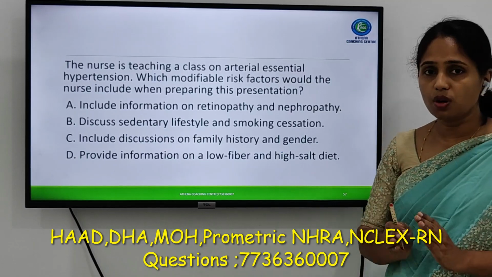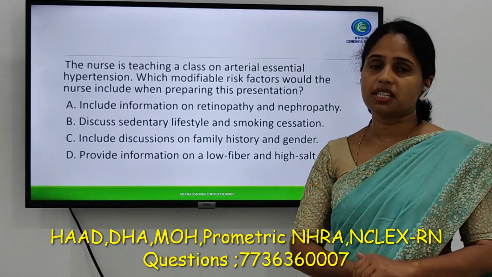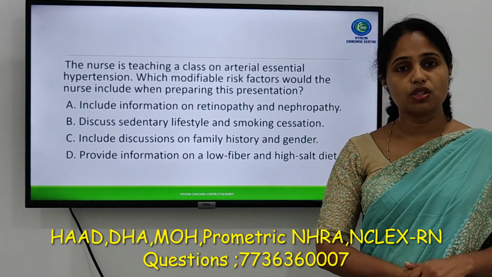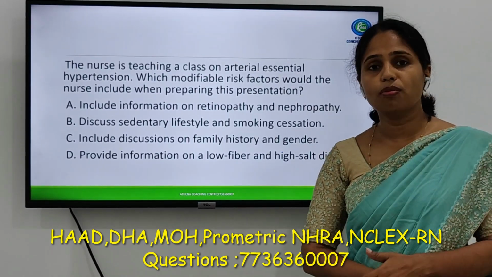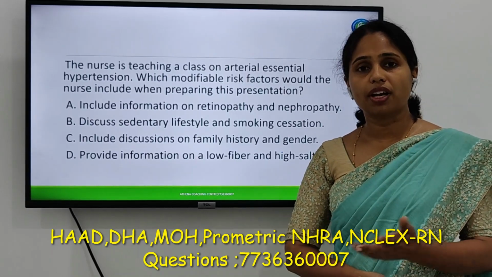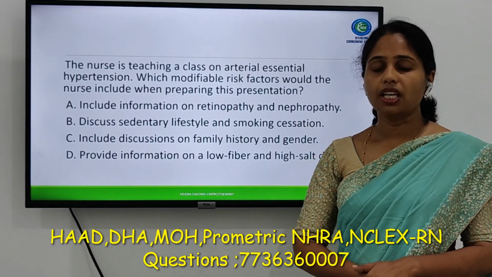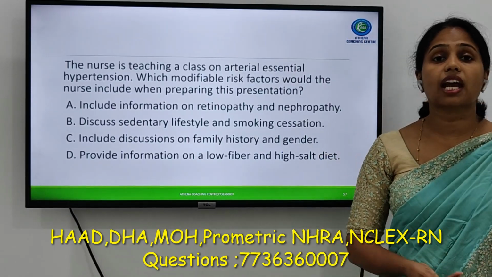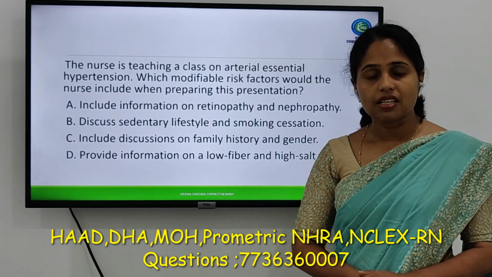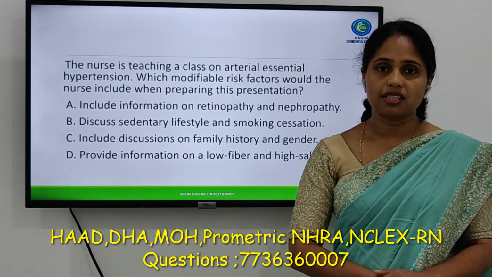Okay, so you should know what are the modifiable risk factors. Risk factors for hypertension can be divided into modifiable factors and non-modifiable factors. What is modifiable factors? That can be modified by the person. Right? What is non-modifiable factors? Which cannot be modified by a patient. For example, age, gender, heredity.